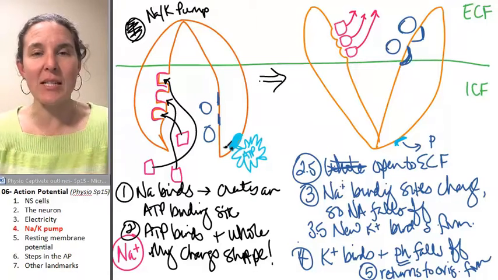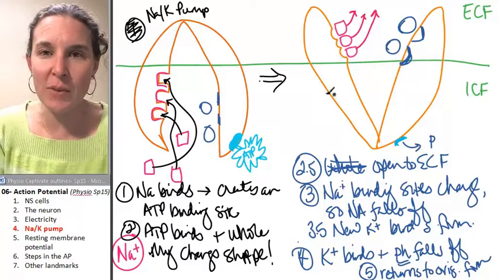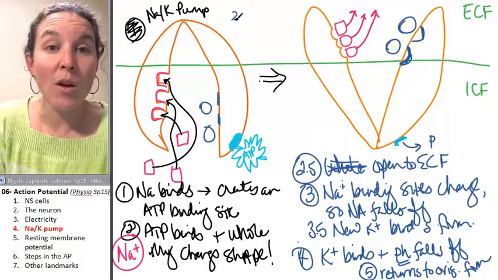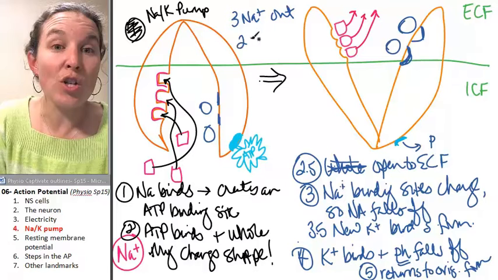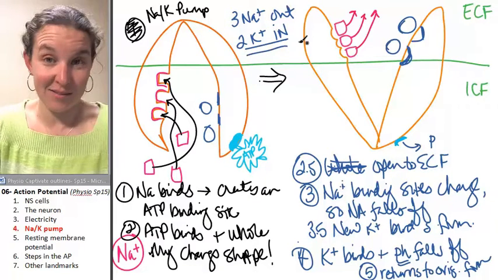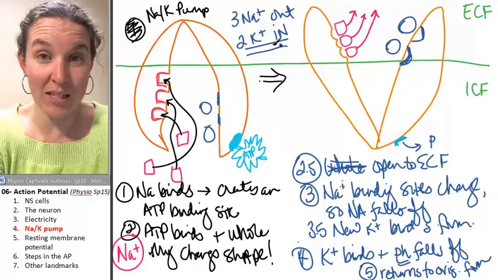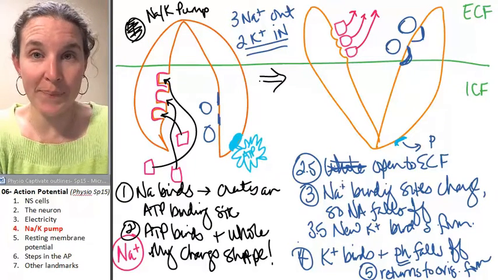And the sodium-potassium pump, we have to understand that in order to get there. So what was the take-home with our sodium-potassium pump? 3 sodiums out, 2 potassiums in. Don't forget about that. And now let's go figure out how we set up a membrane potential.